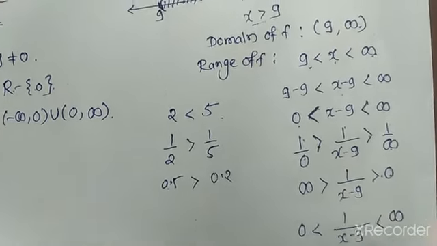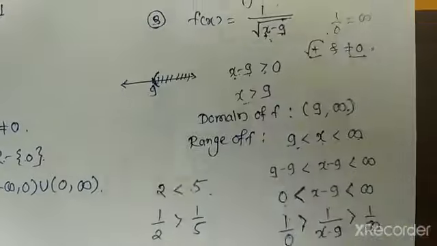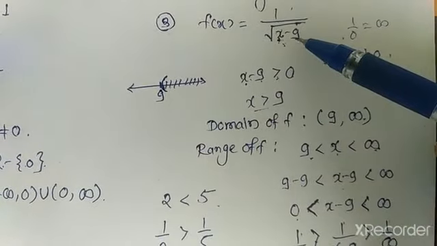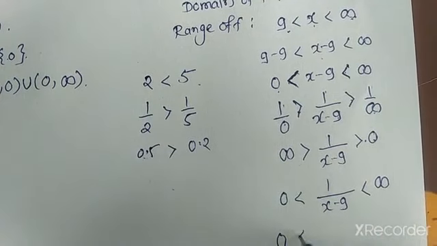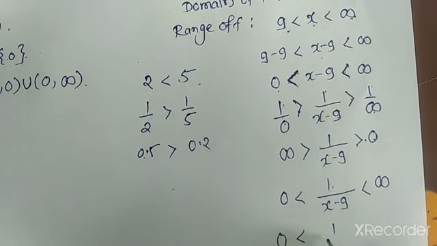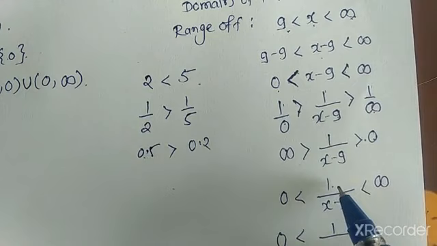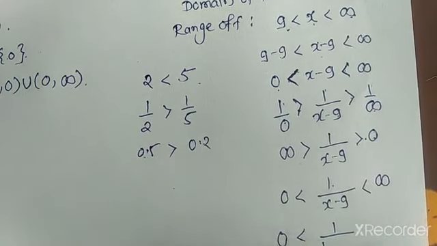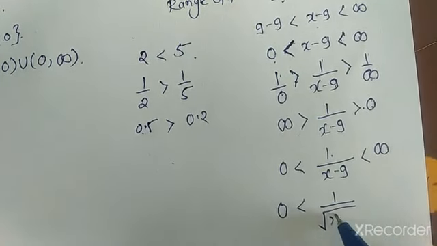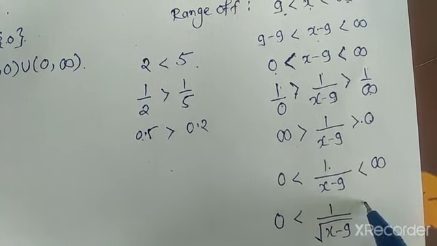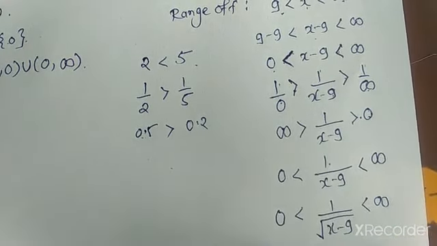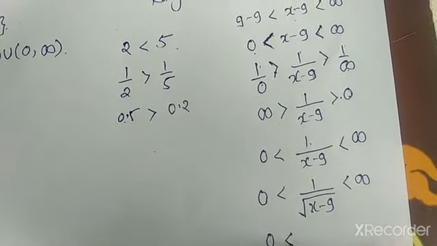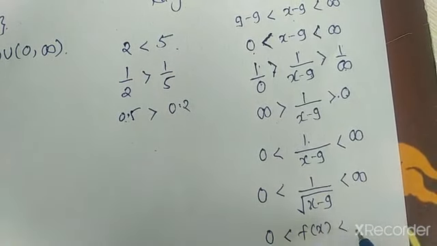Now our function is 1 upon square root of x minus 9, so we have to take the root. The root of 0 is 0, less than the root of 1, which is 1. So it is not necessary to take the numerator square root, and the denominator square root is x minus 9, less than infinity, which can be written as 0 less than f of x less than infinity.